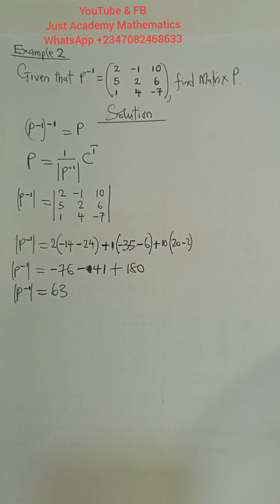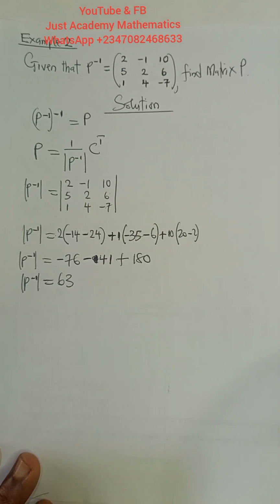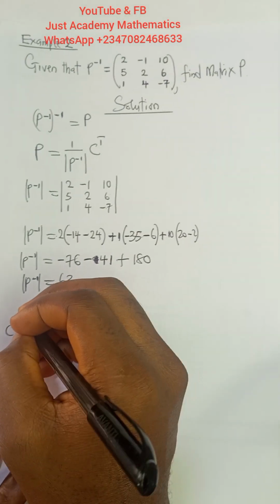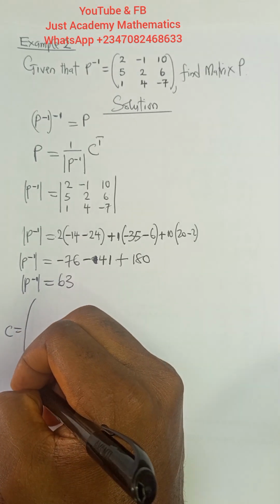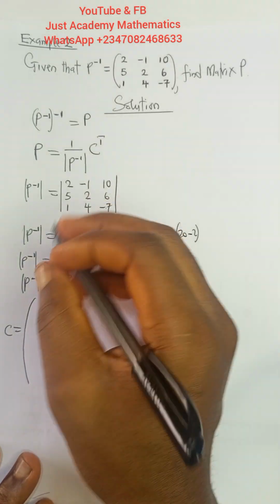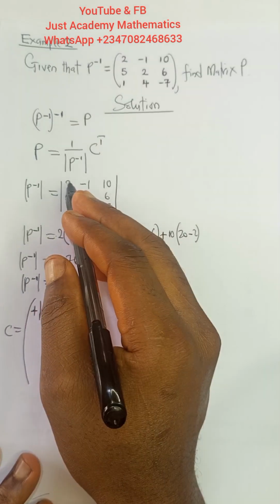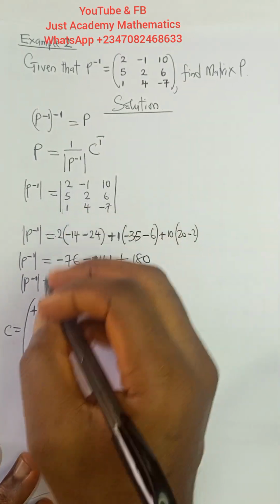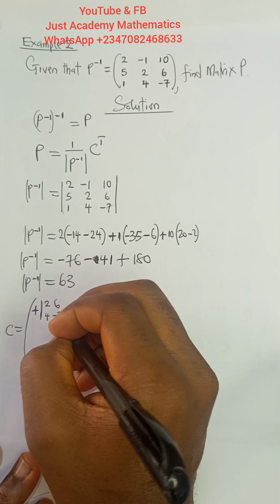So now that we know the determinant of P inverse is 63, we can go for the cofactor. Remember, cofactor is equal to, let's start with plus. If we start with plus, this is out. We're left with 2, 6, 4, minus 7.